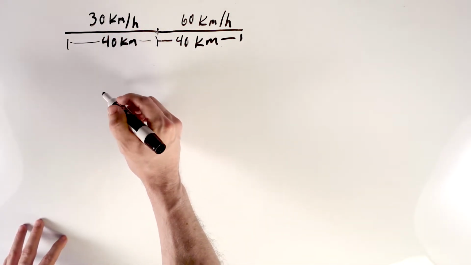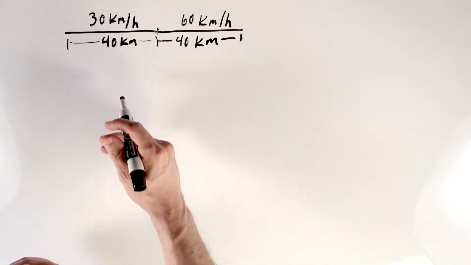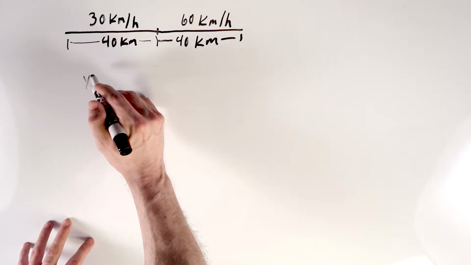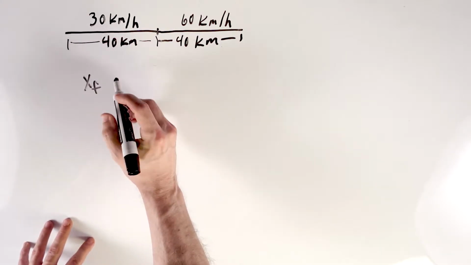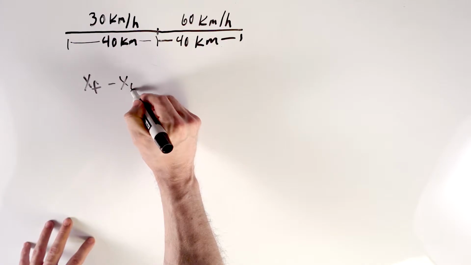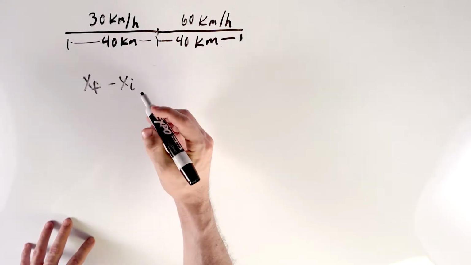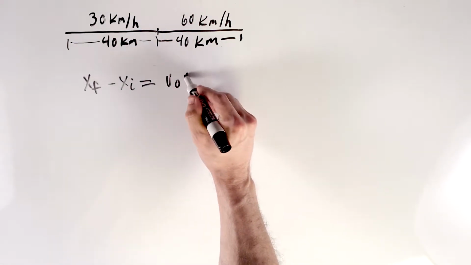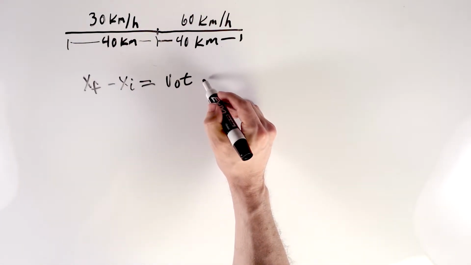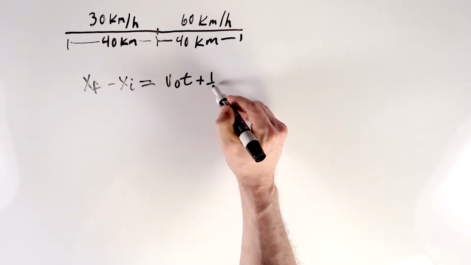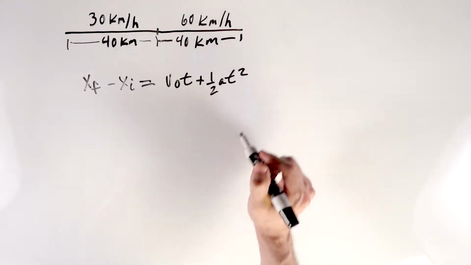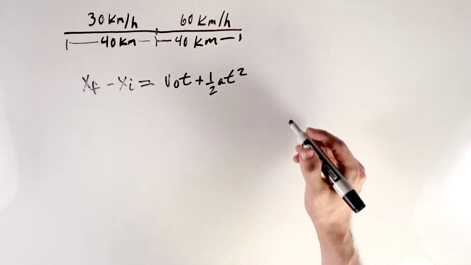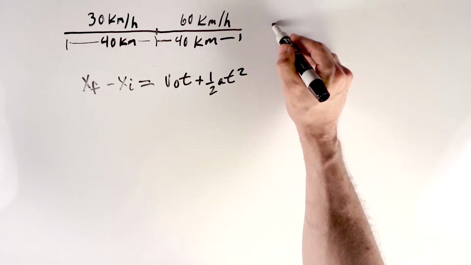So one of the ones we can use that is in that list of 5 equations that I showed you before is x final minus x initial equals v naught times t plus 1/2 at squared. So we have this problem here, and you say this looks big and complicated compared to what we have, but what you want to do is make a table.